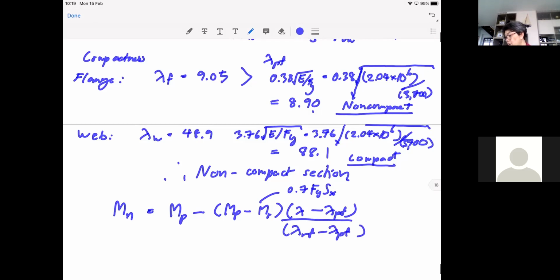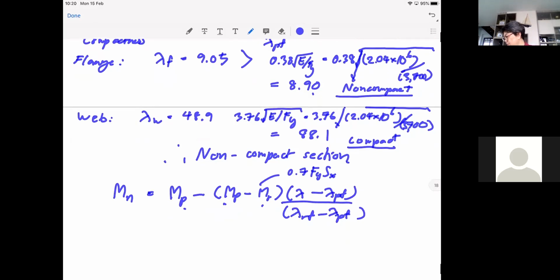Since we have the moment in every term, I can bring the Fy out and rearrange this as the plastic section modulus in X, Zx minus 0.7 Sx, times lambda minus lambda Pf over lambda Rf minus lambda Pf, and the whole thing can be multiplied by Fy later.